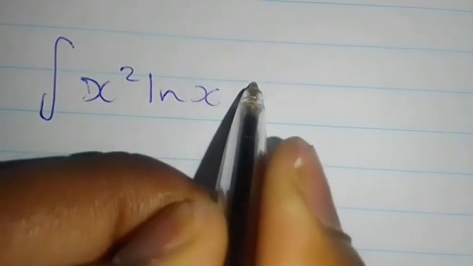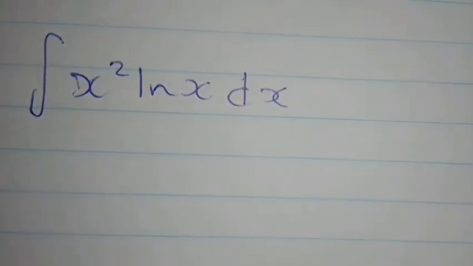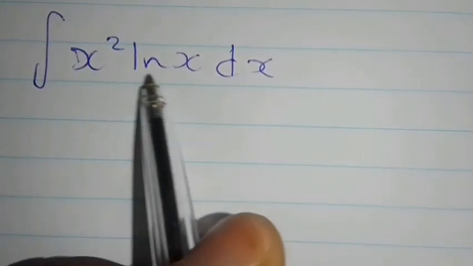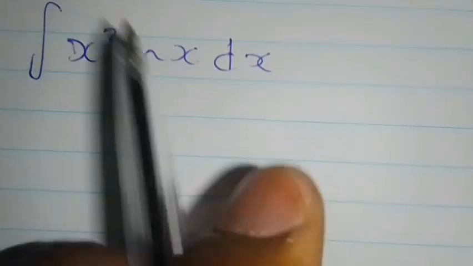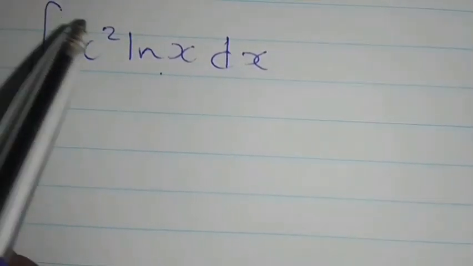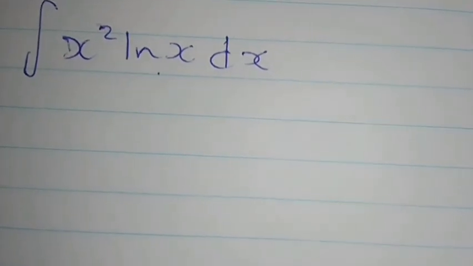So let's try to find the integral of another thing. To make matters interesting, let's say x squared times the natural log of x dx. Let's say we're trying to find the integral of this. In the last one I did x times the natural log of x, but this one seems more interesting because of the square there.